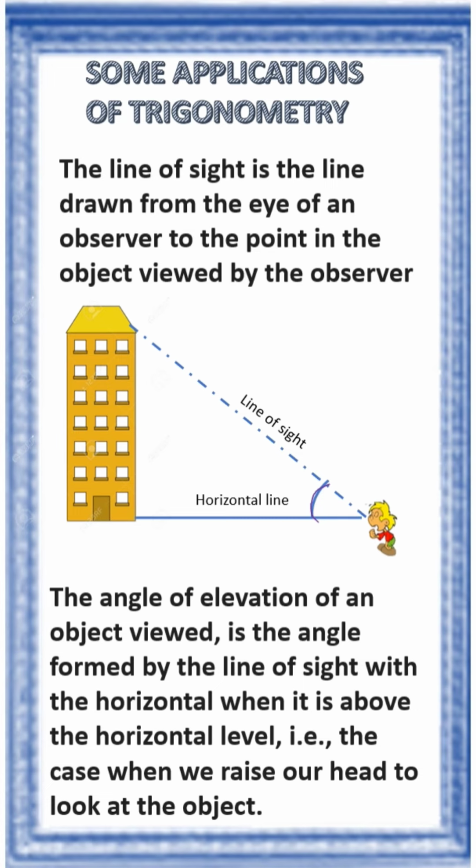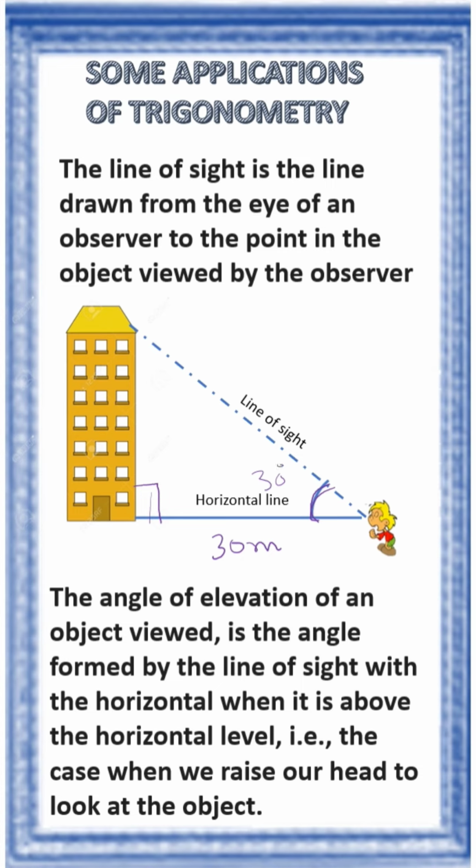So now we have to complete the triangle. This is anyhow 90 degree. So if we are given the distance between the observer and the object, say some 30 meter for example, angle of elevation is 30 degree.